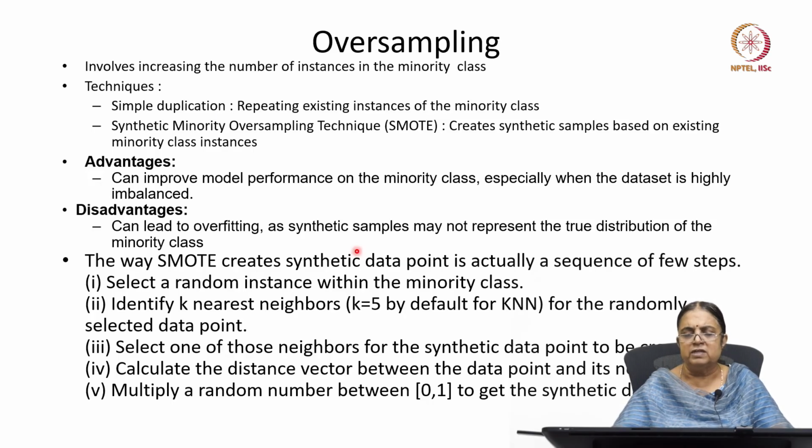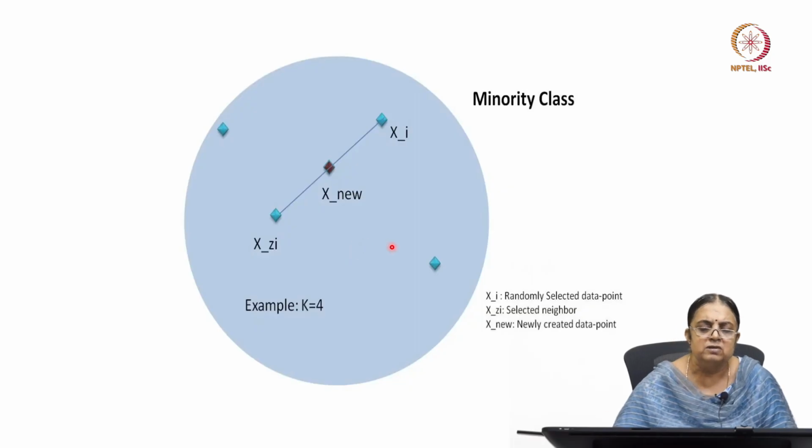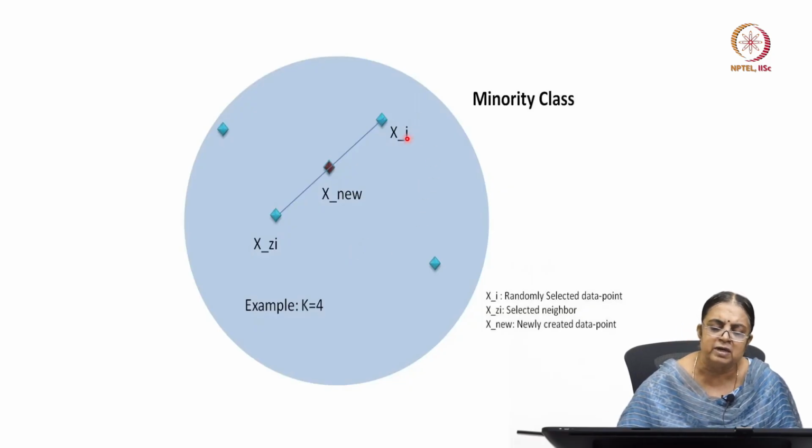So we can say it's something like this. We have xi as the point which is selected and you have chosen some neighbors of that. So these are all the neighbors of that pattern.